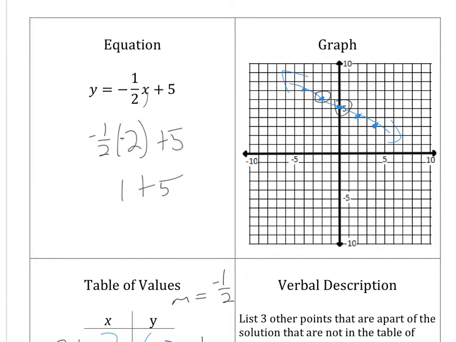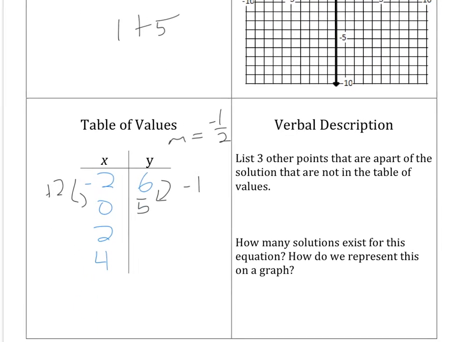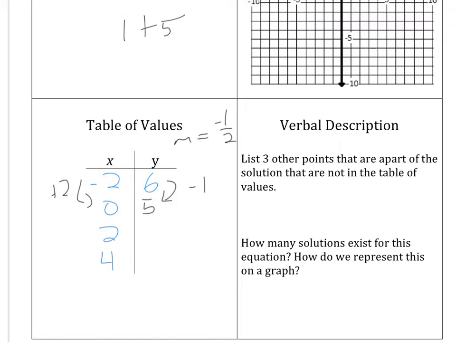Okay, so a lot of things are connecting here, and there are different ways to represent the same thing. So I can keep following this idea of slope, decreasing by 1 as I increase x by 2. And that's why I chose my x values to be divisible by 2. So then this would be 4, and that would be 3. So that's our table of values here.